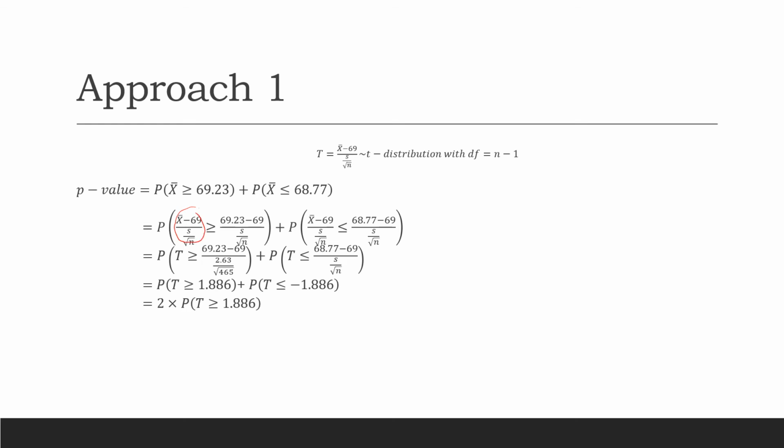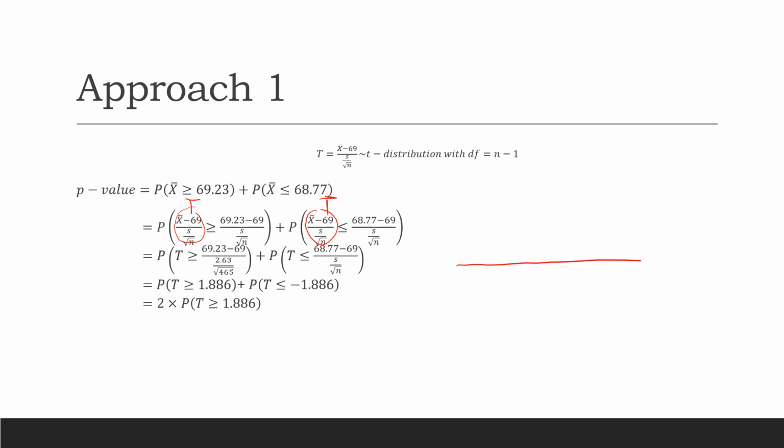Once I do this, I know that this quantity has a t-distribution. And so this is the same as the probability that the t-distribution with n-1 degrees of freedom takes a value of 1.866 or more, plus the probability that it takes a value of negative 1.866 or less.